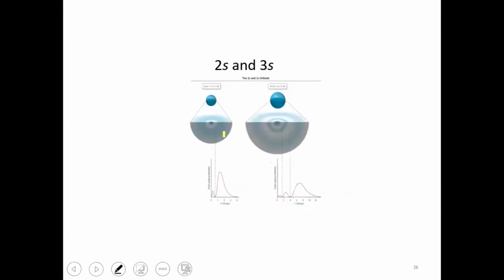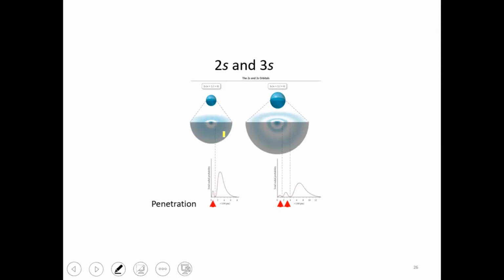We said that now you have this kind of onion layer model. And I'm sorry, this is kind of small in there, so I hope you can see it well. But if you look at the radial distributions down here, what you notice is that there are multiple peaks of probability. You can see, for example, for the 2s, there's 2 of them. And then for the other one, you have 3.